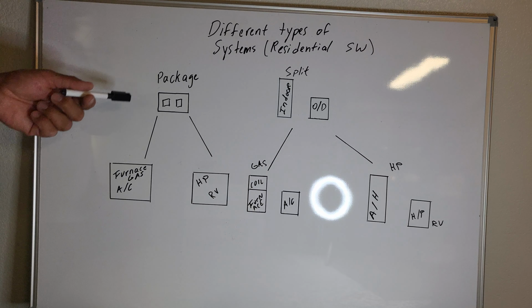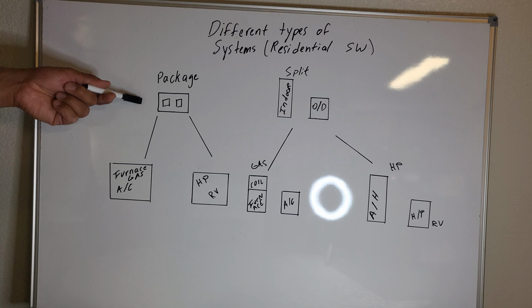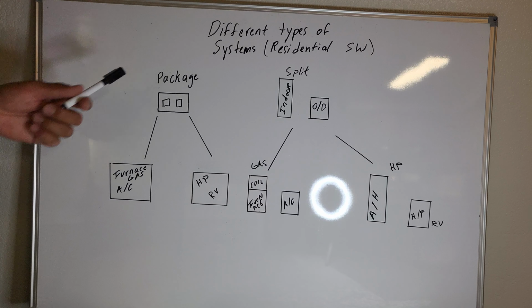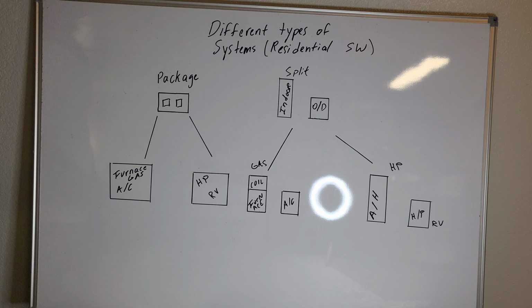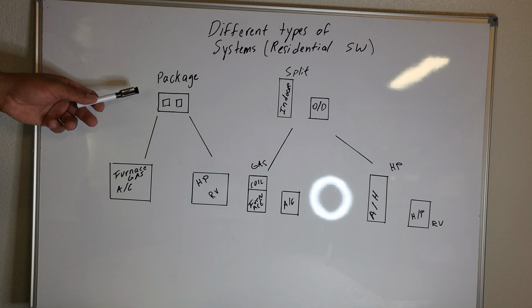It's really the two locations. Here in Arizona, we typically see them on the roof. It's a very big box, very dang heavy. Typically, you need a crane 99% of the time to get it up there. All right, so that's a package unit.